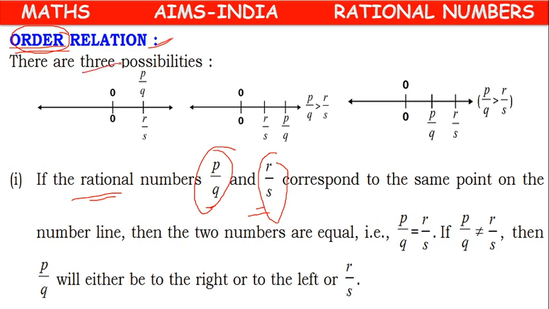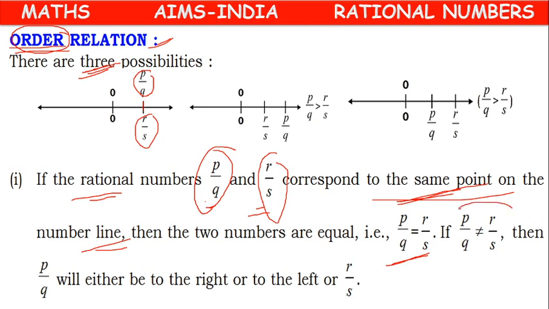There are 3 possibilities. If both p/q and r/s correspond to the same point on the number line, it means that both of them are equal: p/q equals r/s. That is one order relation.